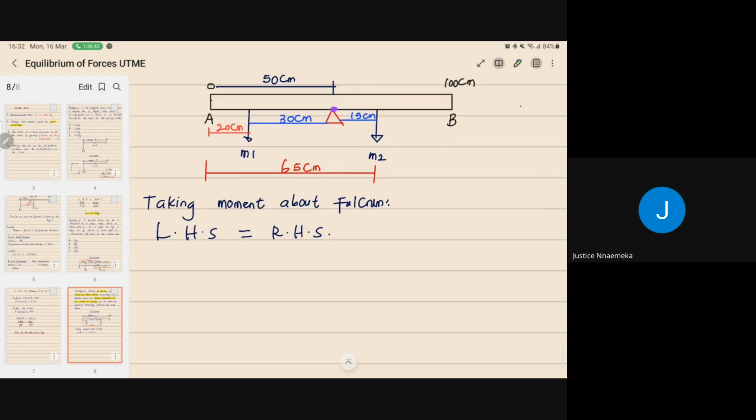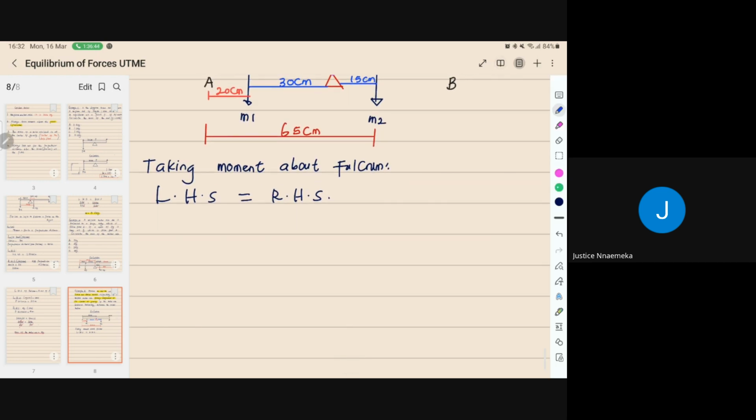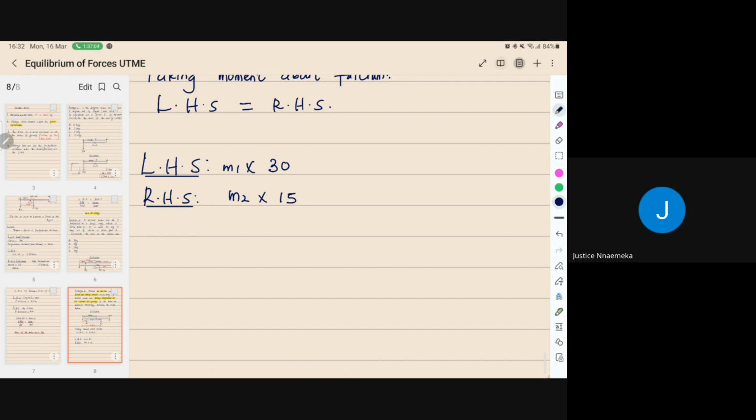Right there. So that means on the left-hand side, we have M1, right? So on the left-hand side, the force right there is what? M1 times the distance, which is 30. Then on the right-hand side, we have M2 times 15. So based on your moment, the left-hand side is equal to the right-hand side.